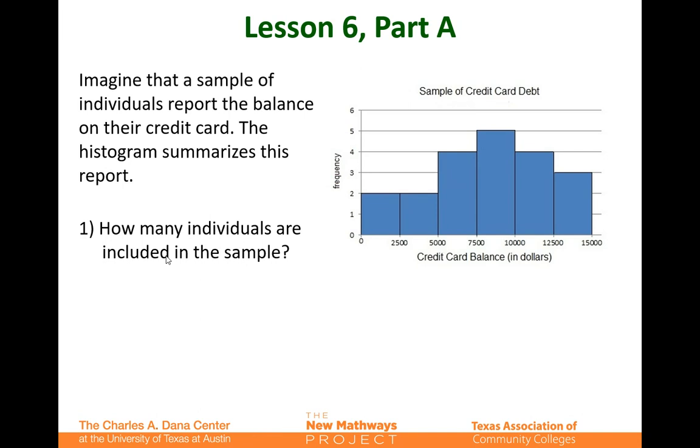So we have to just add them up. Notice we have 2, 2, 4, 5, 4, and 3. So if I add 2 plus 2 plus 4, that's 8, 13, 17, 20. So there's 20 people in this sample.